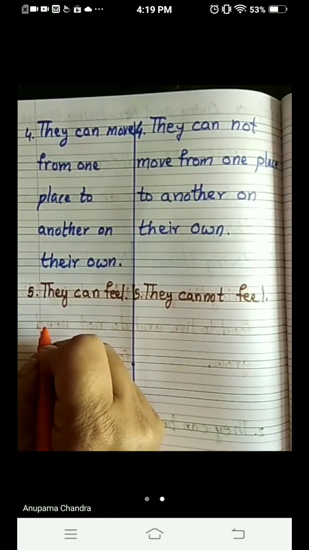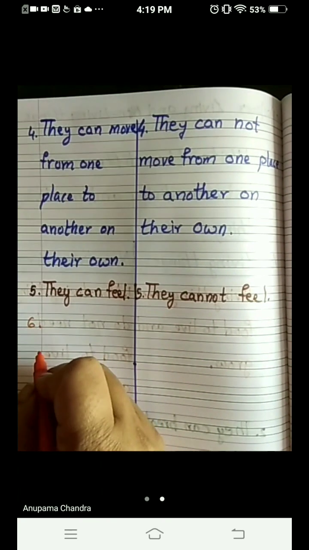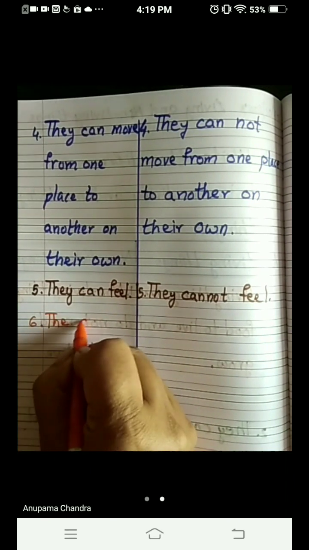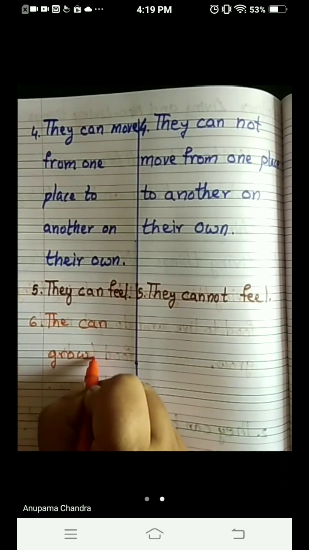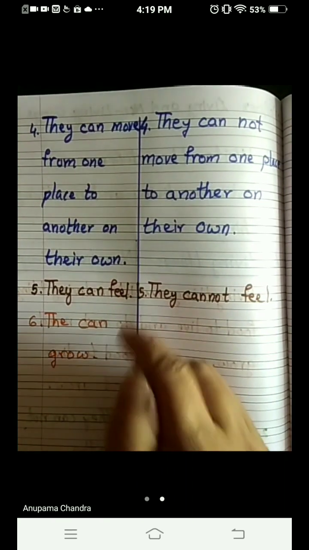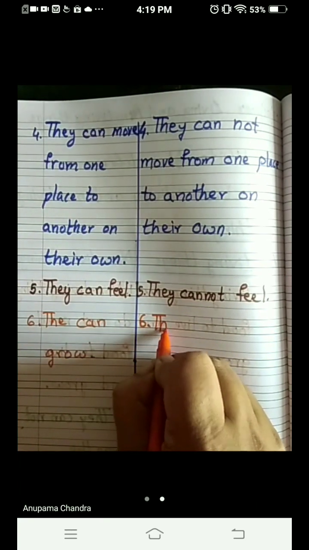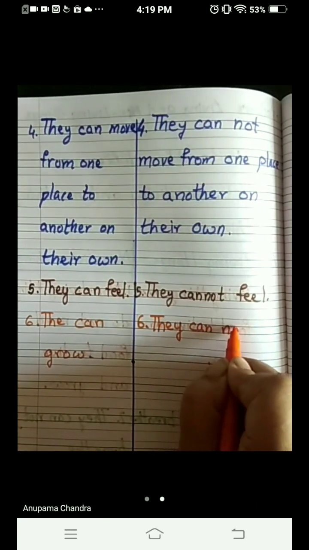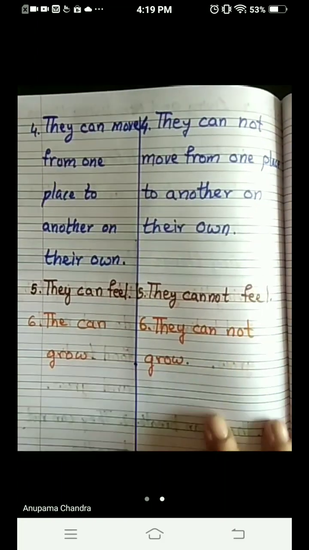The next one will be number 6. They can grow. This was for living things. And for non-living things, number 6 will be they cannot grow.